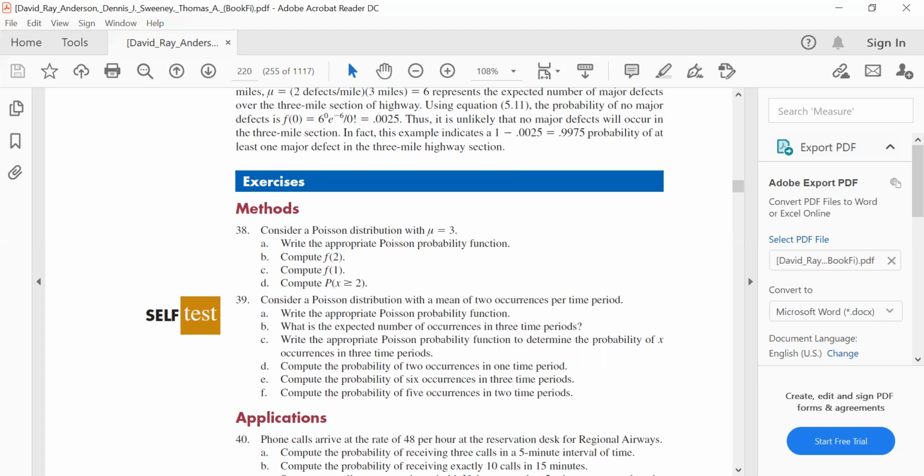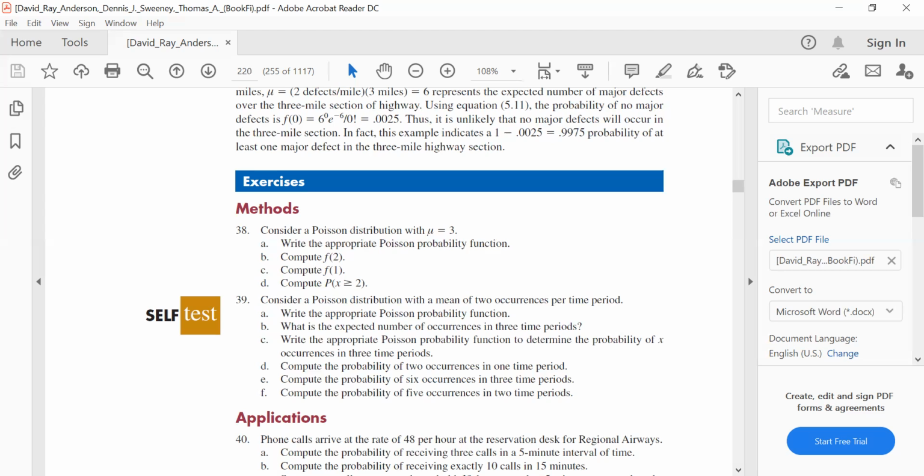Part E. Compute the probability of 6 occurrences in 3 time periods. Now we will use the Poisson probability function for the 3 time periods.